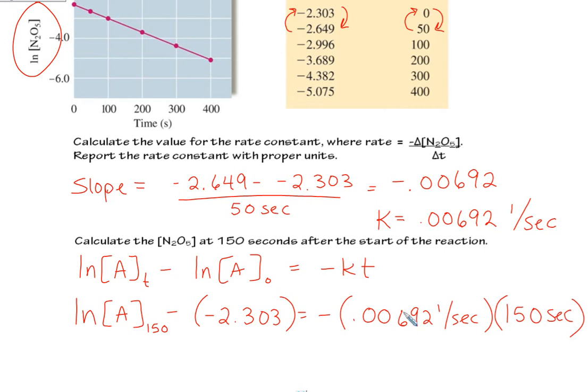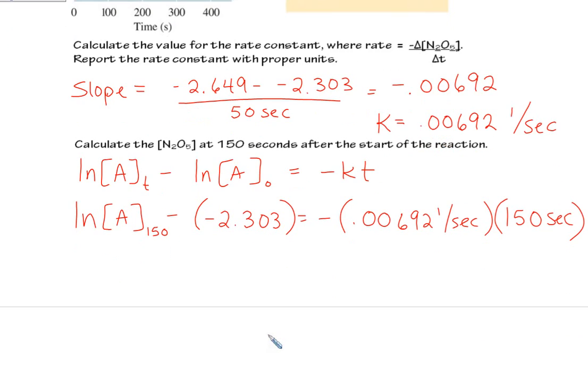Now again, often the data table just gives you molarities, and then we would have to take the natural log of the initial concentration. But in this data table, it was already given to us as natural logs. All right, so we're going to do the math. We're going to simplify this as far as we can.